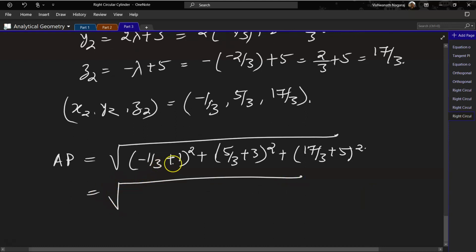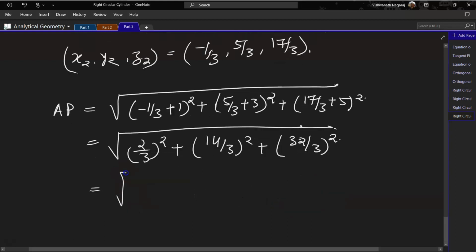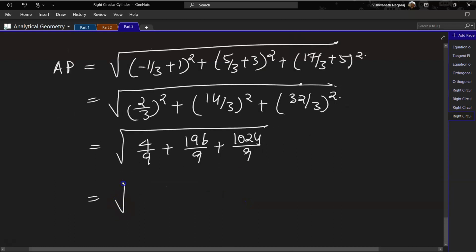This becomes (3 minus 1, 2 by 3) square plus (9 plus 5, 14 by 3) square plus (32 by 3) square. This becomes 4 by 9 plus 196 by 9 plus 1024 by 9. Okay, this becomes 1224 by 9.